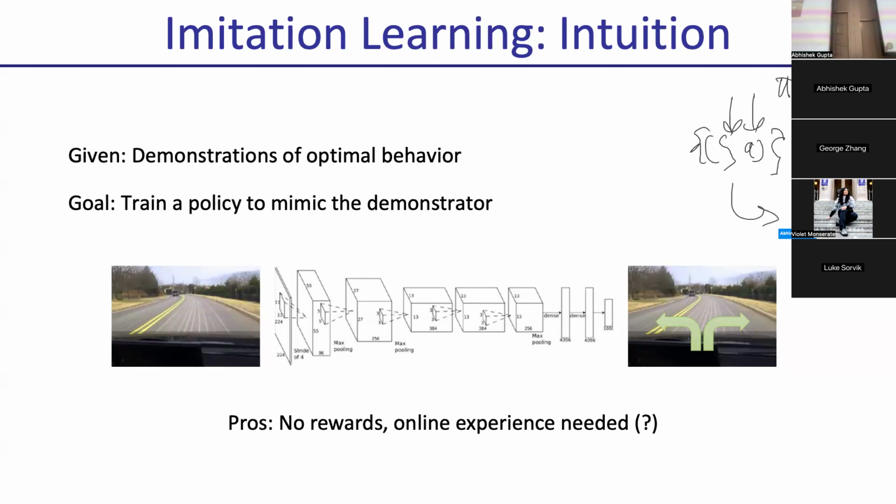We're trying to use this, through our imitation learning procedure, to get pi theta, and we want pi theta to copy the behavior of pi star as much as possible. But all that pi theta sees are states and actions that pi star executed. So the idea behind behavior cloning is to treat imitation learning as a supervised learning problem.